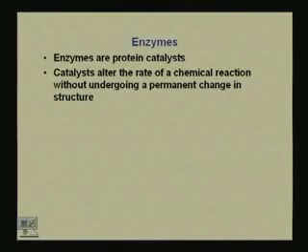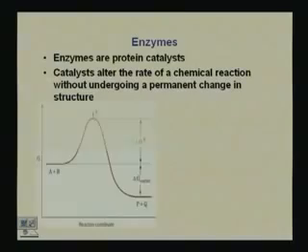They alter the rate of a chemical reaction without undergoing a permanent change in structure. So, this is exactly what the protein is going to do also. It is going to change the rate of the chemical reaction, we will see how exactly it does that, but the protein itself is not going to undergo any change, even though it is going to bring about a drastic change in the reaction.